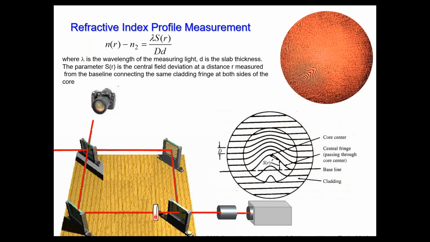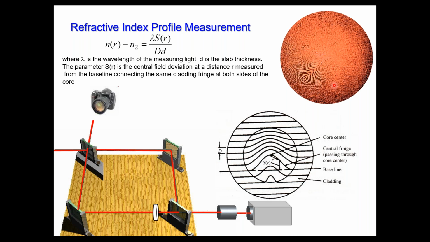You have a very thin slice of the plastic rod kept in one of the arms of the Mach-Zehnder interferometer and then record the interference pattern using a high resolution camera. You will find this kind of variations, bendings in the fringe pattern, and from the bending you can calculate how much index difference has happened within the core region compared to that in the cladding.